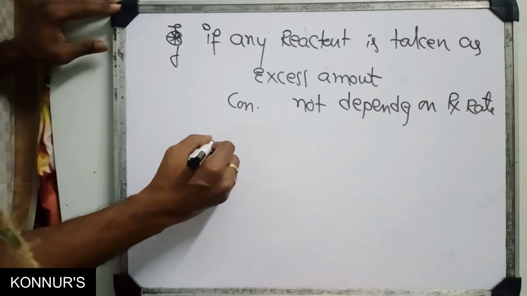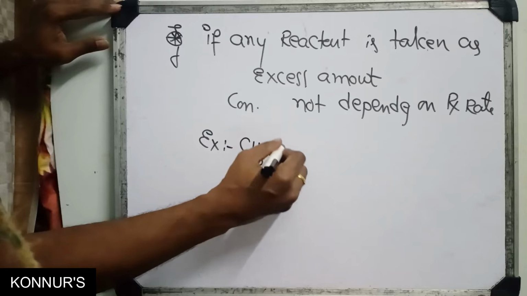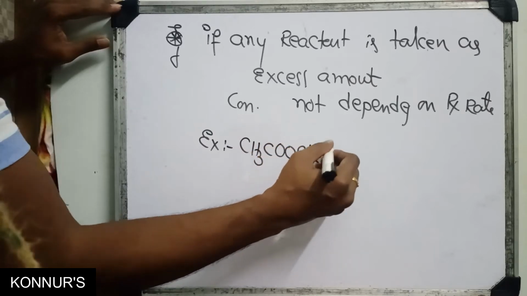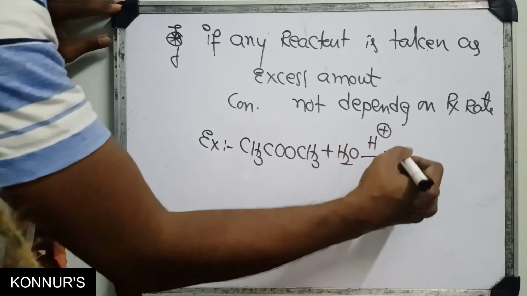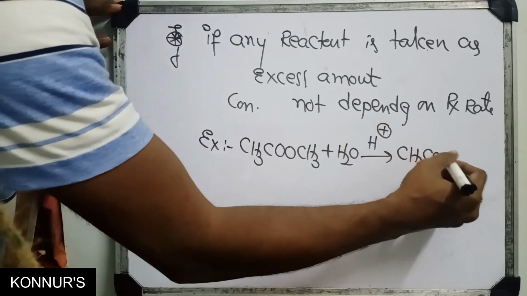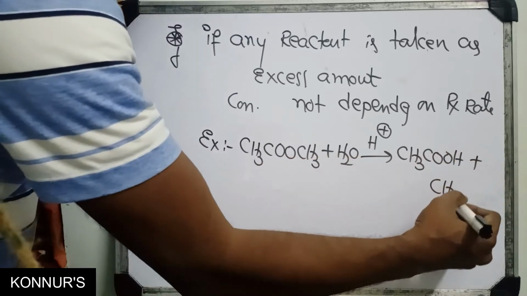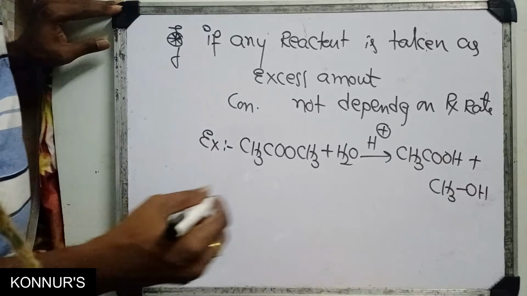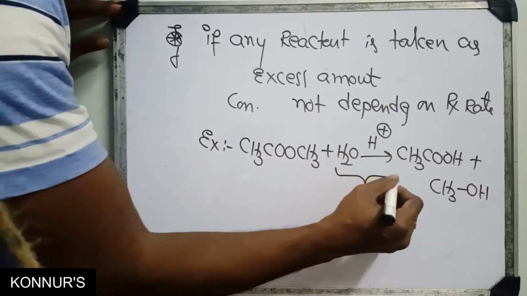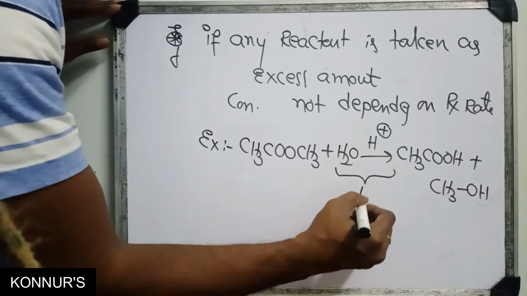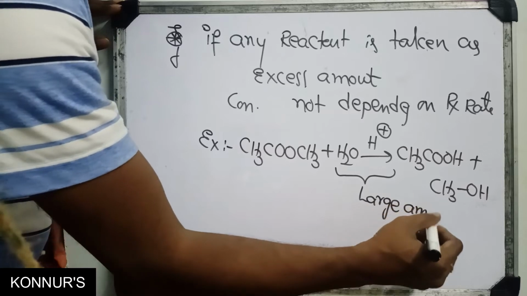Suppose here, the best example you can see is ester hydrolysis: CH3COOCH3 plus water in the presence of an acidic medium. Your answer is CH3COOH and CH3OH. So that is ester hydrolysis. In an acidic medium, a huge amount of reactant is required. So this is a large, excess amount.